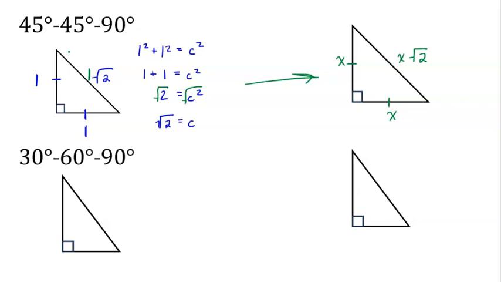For 30-60-90 triangles, there's a pattern that happens with these.